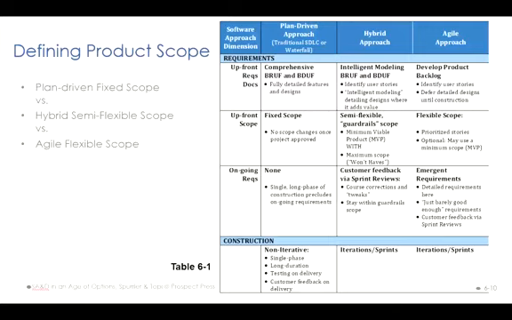So regardless of the Gantt chart or the methodology you use, you have to, again, coming from the previous chapter, decide on how you're going to use the management approach. Again, there are three different types: plan-driven, hybrid, or agile methodology.